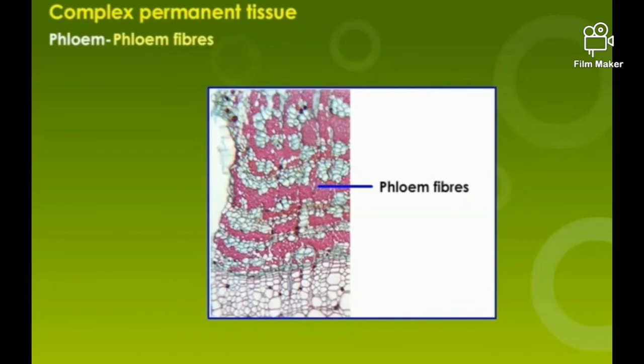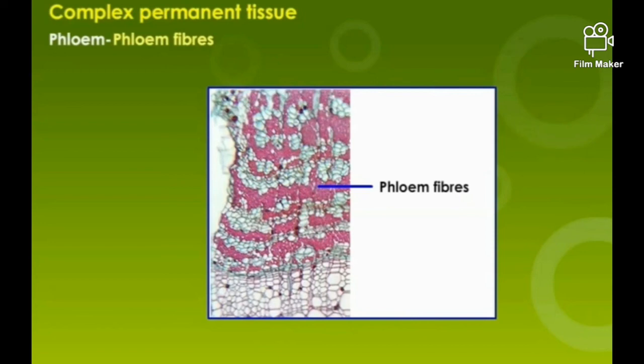Phloem fibers. Students, it consists of elongated cells with interlocking ends. Sclerenchymatous fibers found in phloem form the phloem fibers. The cell walls are lignified and pitted.